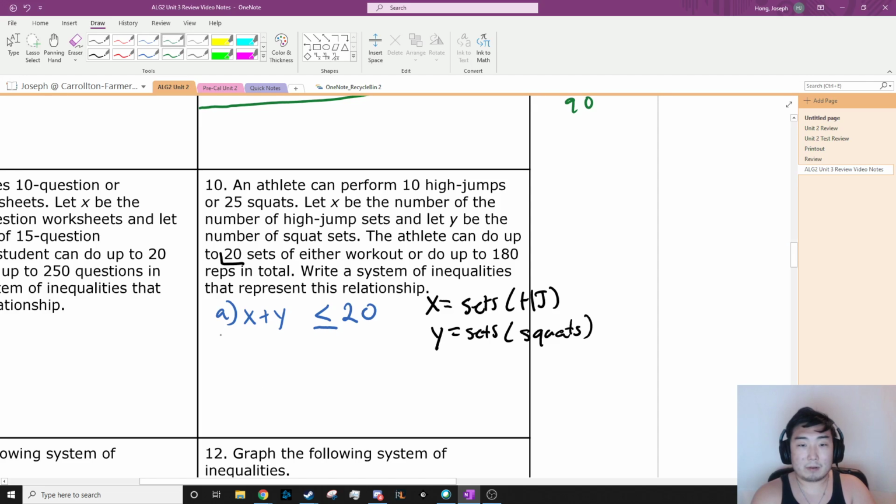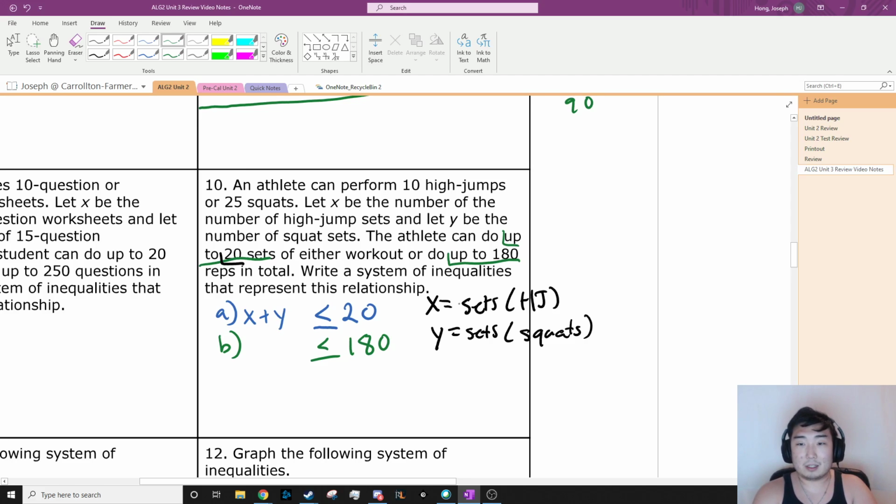But let's look at B. Equation B is talking about he can do up to 180 reps. Reps are kind of like just the action itself, so 1 squat and 1 push-up. And he can do up to, the same verbiage as up to 20 sets. So the inequality is really going to be facing the same way if we use logic.